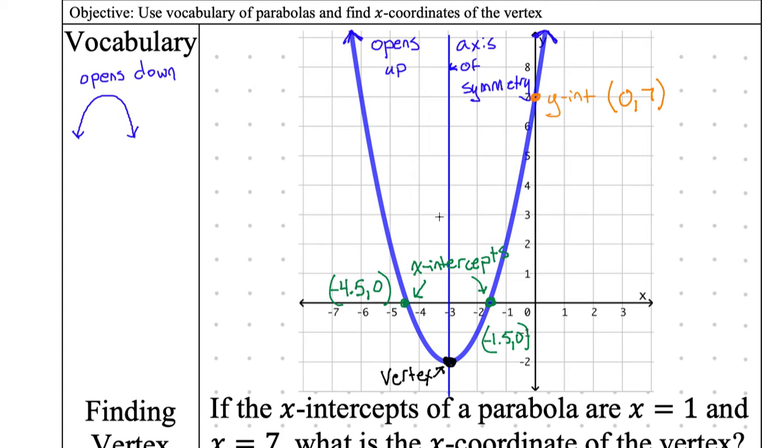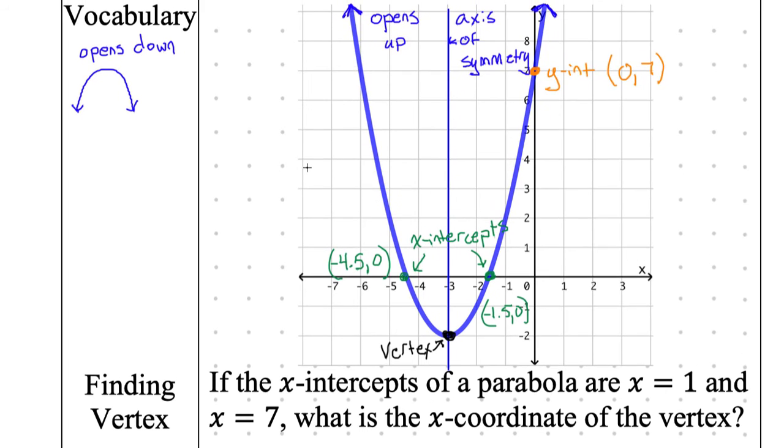You need the vertex to graph a parabola, or you need two x-intercepts to graph a parabola. The vertex and any other point will always graph it, or two x-intercepts. I'm trying to think if there's anything else. I think those are the only two options, because if I give you 2 points, you don't know if it turns around there, or if it keeps going through there, logically.